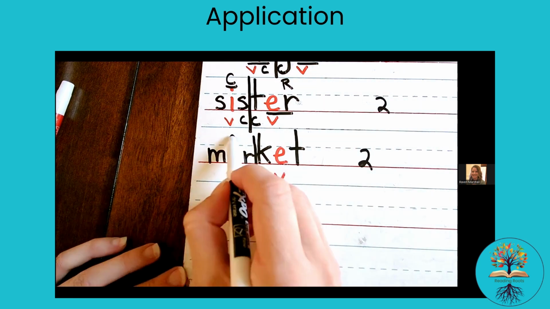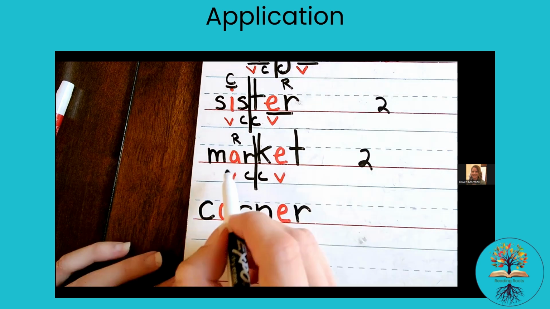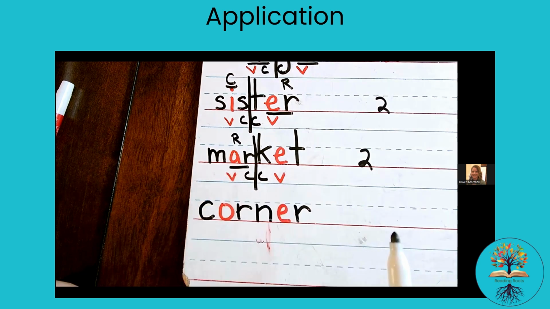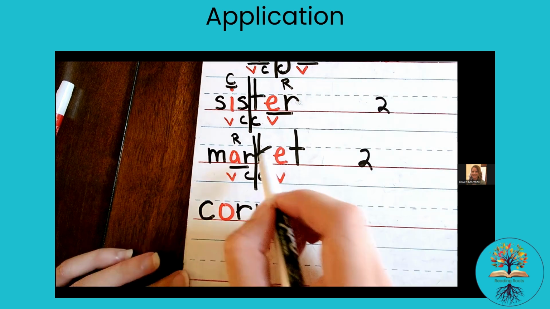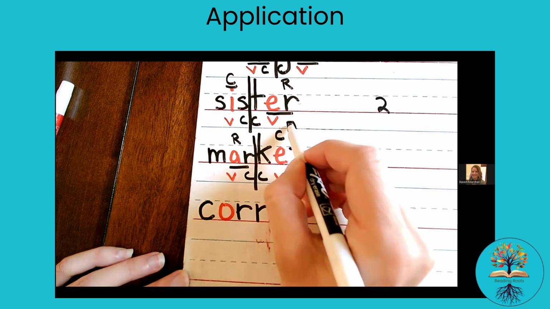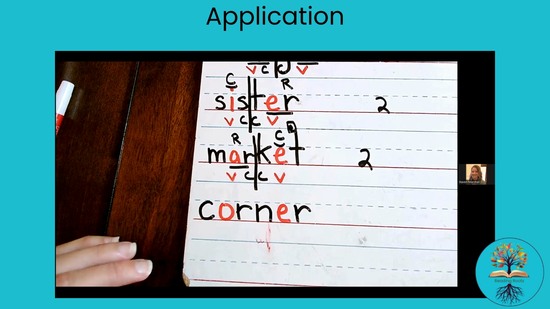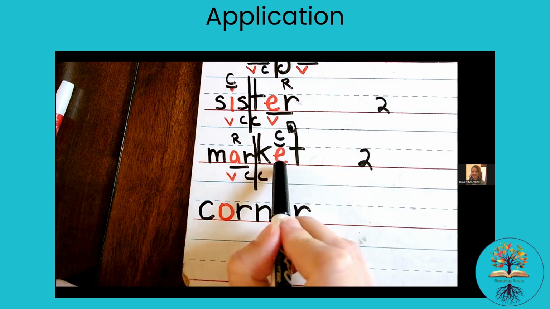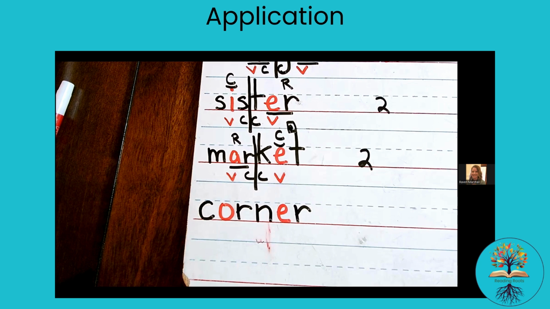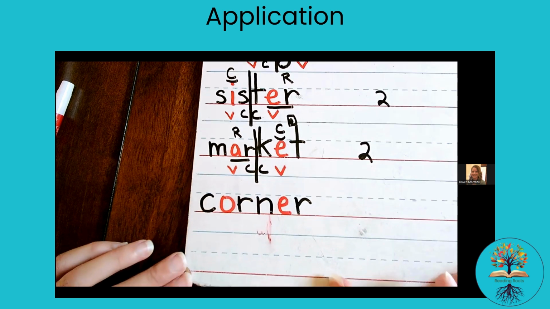It's an R-controlled syllable, so I'm going to label it R because AR is making the R sound. The second syllable is closed. The door is closed. And I'm going to mark it with a breve, or a short sound, because that vowel is squished in the middle and makes just a little sound. Let's blend each syllable and then put it together. Market. And then our last example.